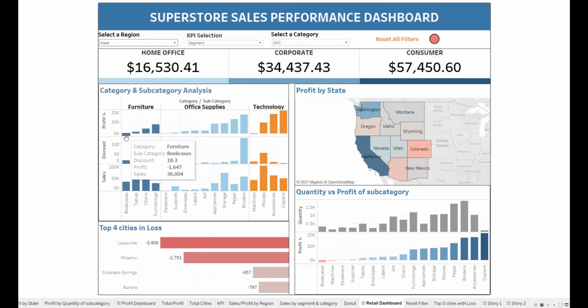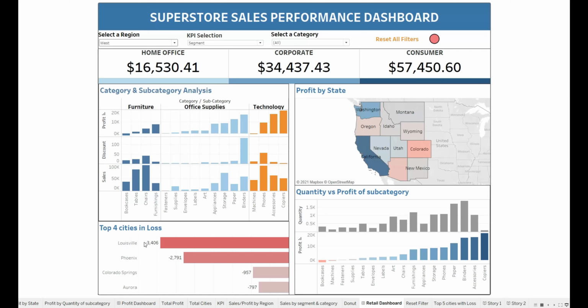So in West region, again in furniture, the bookcases subcategory is in loss, whereas in technology, again machines is in loss. So I would actually investigate these two more. And coming towards profit by state, we have Colorado as the state with the highest loss, and California as the state with the highest profit.